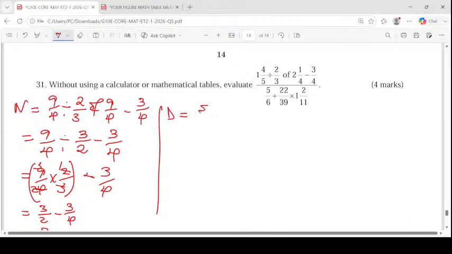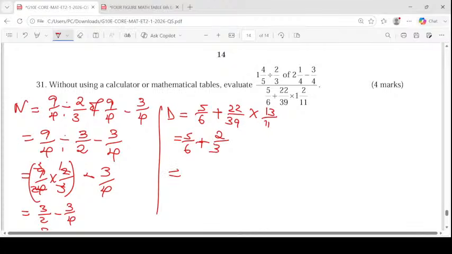Then we are going to compute also for the denominator. We have 5 over 6 plus 22 over 39 times 13 over 11. So this will be 5 over 6 plus, when you have 22 over 39 being multiplied by 13 over 11, in their simplest form it will be 2 over 3.